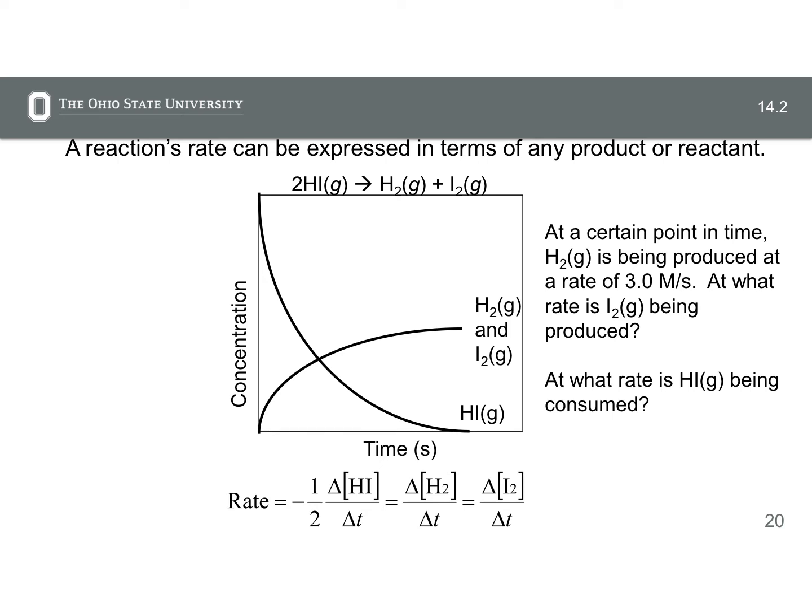Okay, let's look at a reaction here where we have 2 HI, hydroiodic acid, forming hydrogen and iodine.